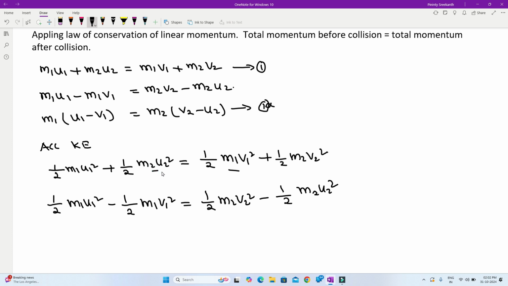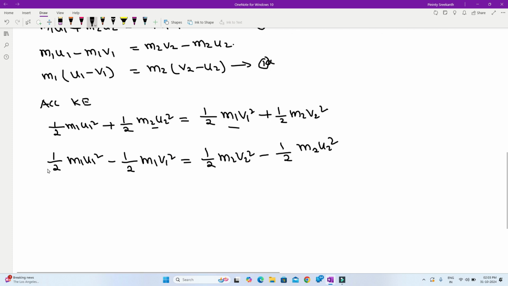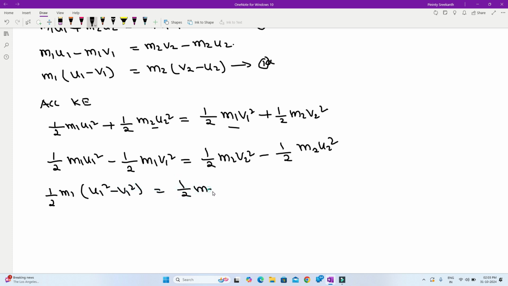I have written this term at the right hand side. Now take common, that is half m1 into u1 square minus v1 square is equal to half m2 into v2 square minus u2 square.